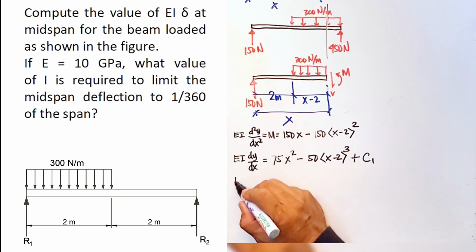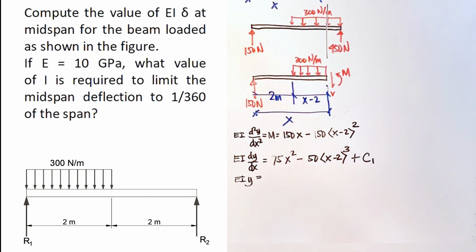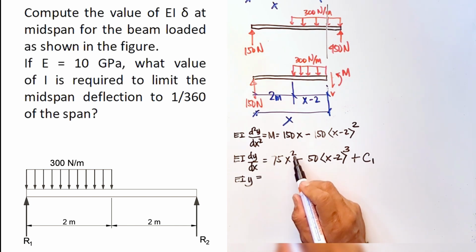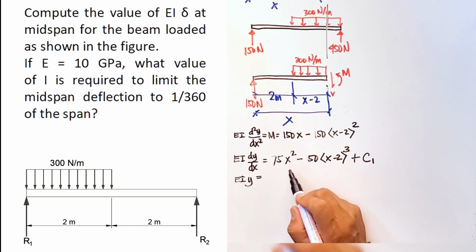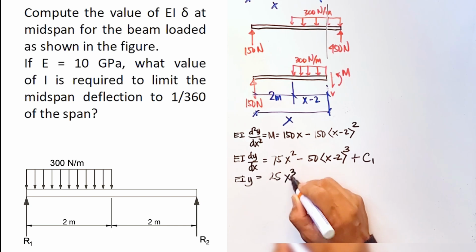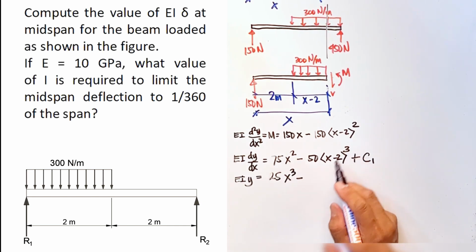Then integrating further, that's the second integration now, we will have the deflection equation. So 75 x squared becomes x cube over 3. 75 divided by 3 is 25. Minus 50 x minus 2 to the fourth power divided by 4.